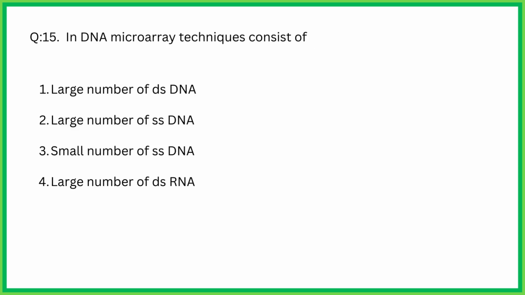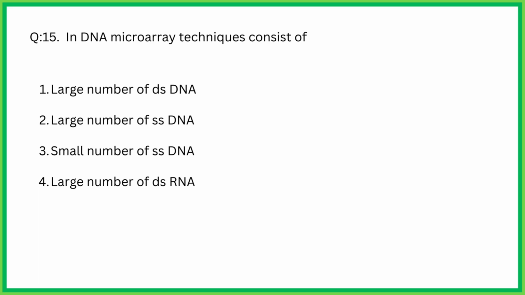DNA microarray techniques consist of: option 1, a large number of double-stranded DNA; option 2, a large number of single-stranded DNA; option 3, a small number of single-stranded DNA; or option 4, a large number of double-stranded RNA.